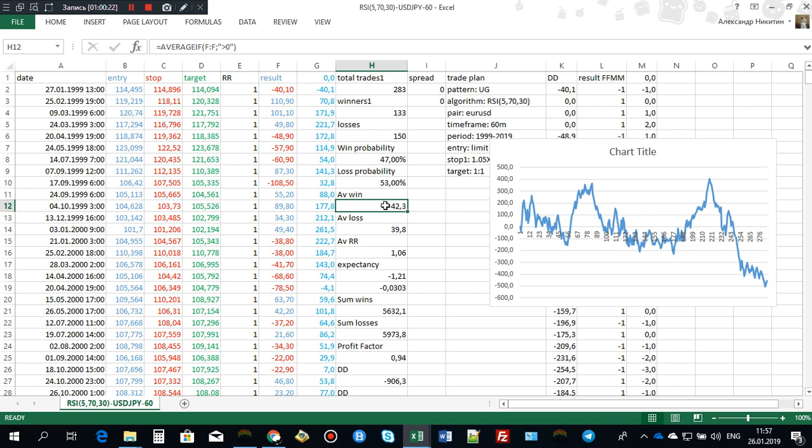So this means that we should look at larger patterns that have at least 42 pips risk. Less than 42 is not good for this pair and this time frame.